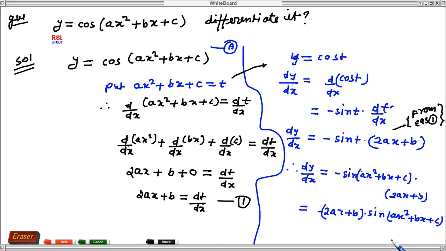Do directly means differentiate this function with respect to x, that is d/dx of cos of ax square plus bx plus c will be minus sine of ax square plus bx plus c into d/dx of ax square plus bx plus c. So minus sine of ax square plus bx plus c, and this will be 2ax plus b, and this term will be 0.